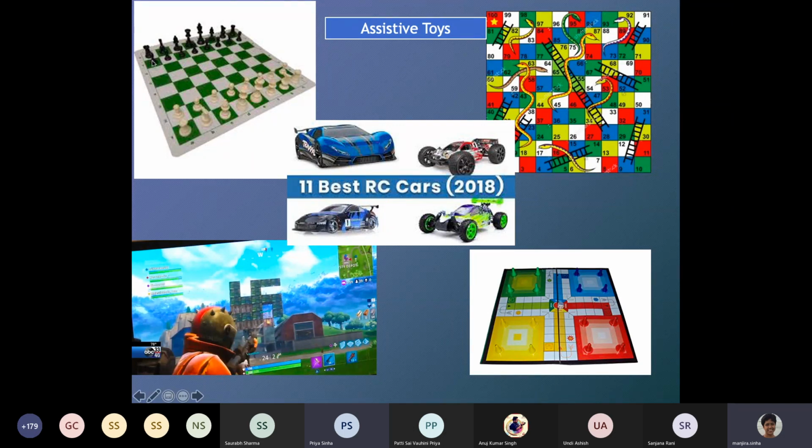But what happens for chess, which is heavily played by persons with visual impairment, is that the chessboards need to be designed in a different way. Instead of plain surfaces, they have holes on each of the squares, and also each of the pieces is designed differently. If you look at these 50 or 100 rupee chessboards, the pieces are not very well marked, because we can see them and understand, okay, this is the bishop, this is the knight, this is the king, queen.